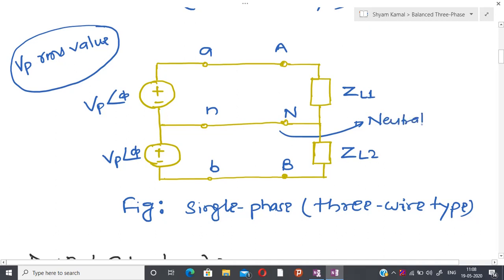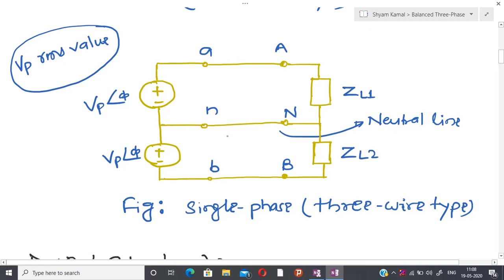In this way we are connecting, and in order to maintain proper connection, I have written a small letter a here and a capital letter A here. Similar terminology I am going to follow in this part of the lecture.